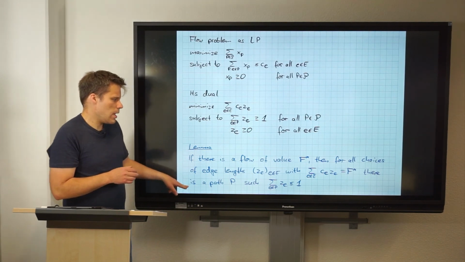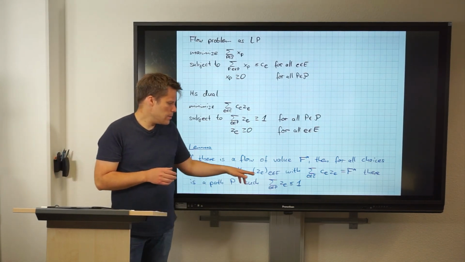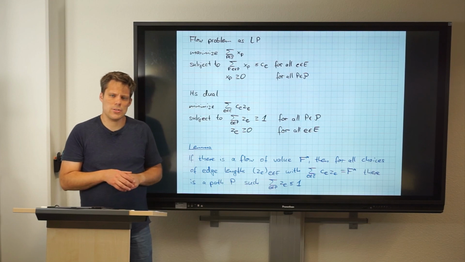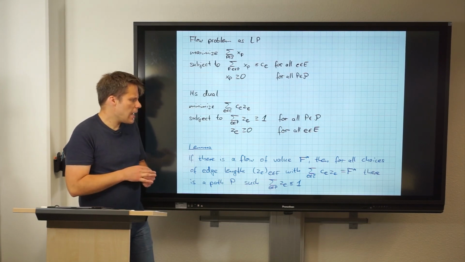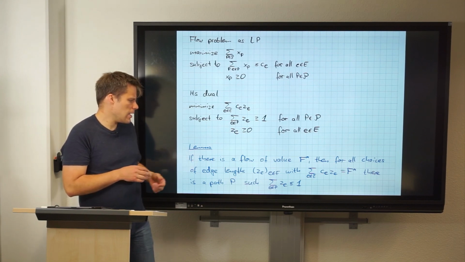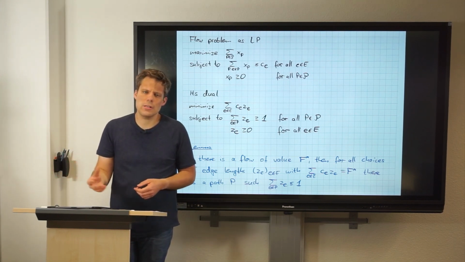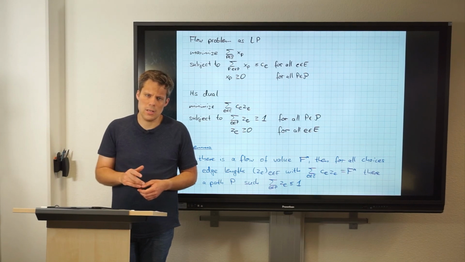This was the actual lemma that we had originally. This is now written in terms of these edge lengths ZE. And there we said, okay, if there is a flow of value f star, then this and that.